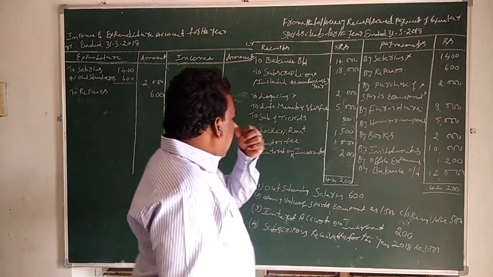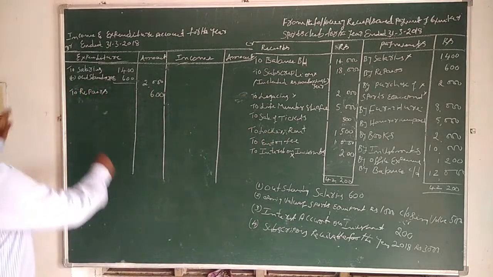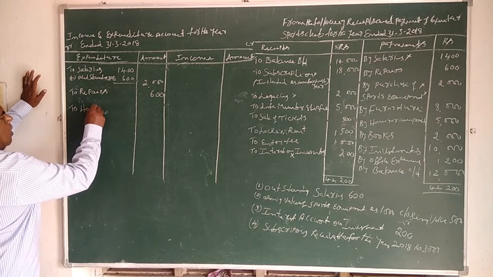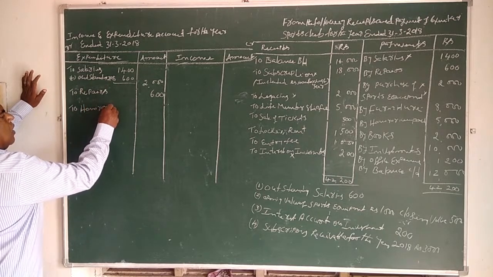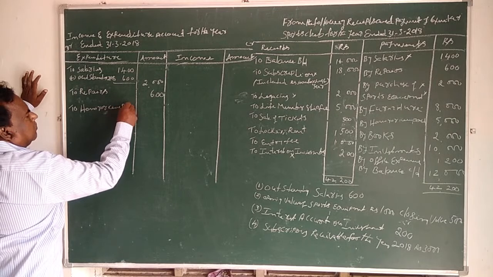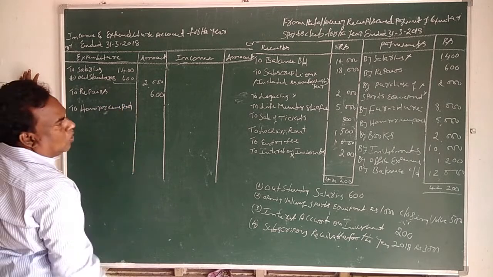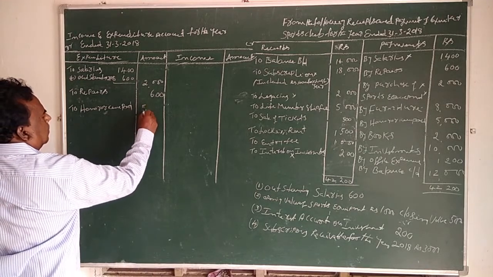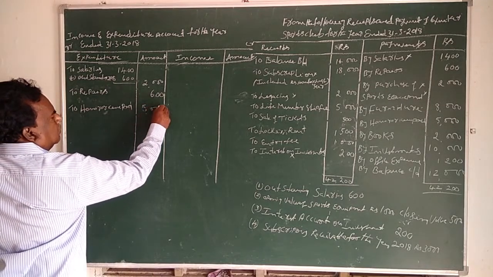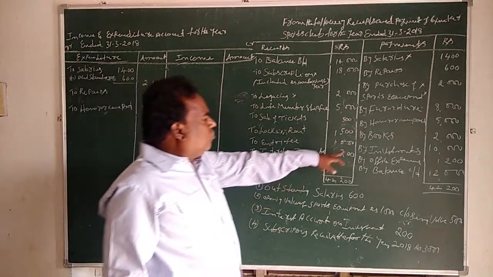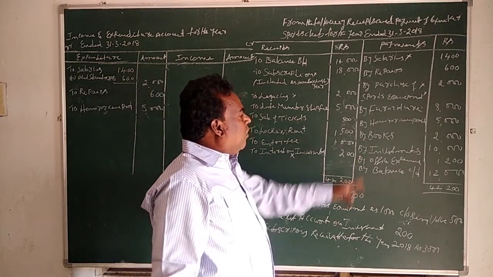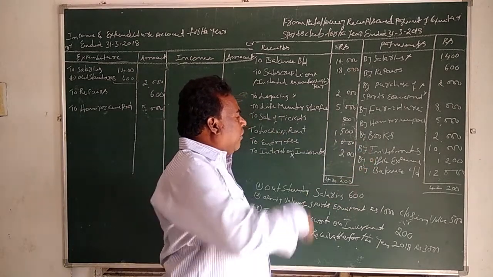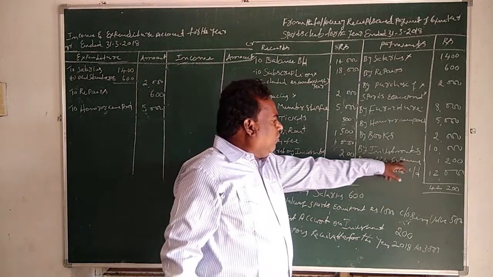Next, honorarium paid, to honorarium paid 5,000. Next, books. It is also capital expenditure, not recorded in income and expenditure account. Similarly, investments are also not recorded.